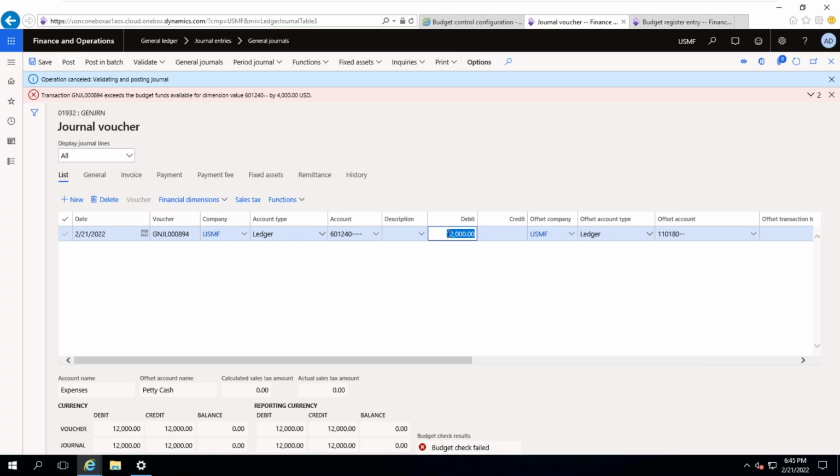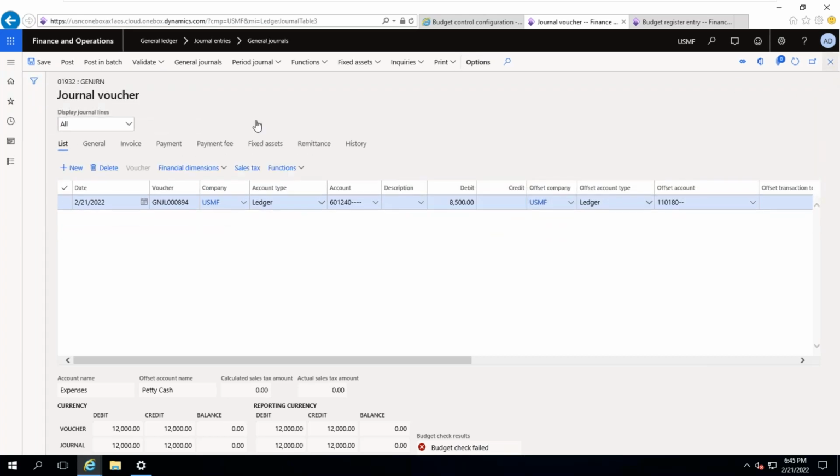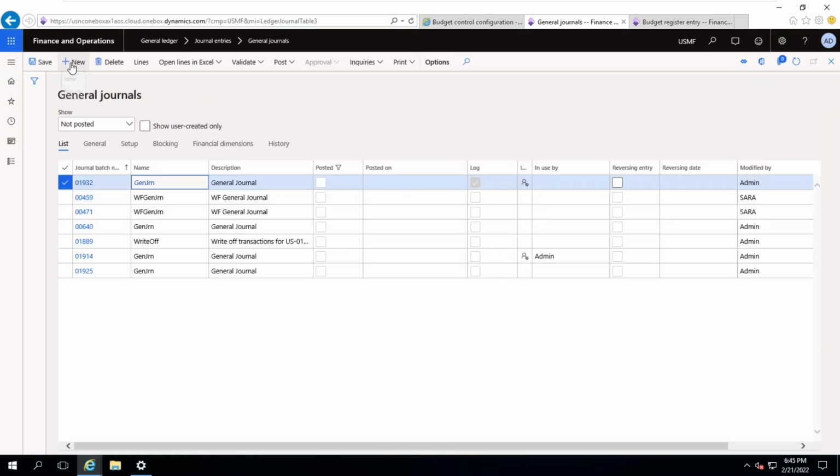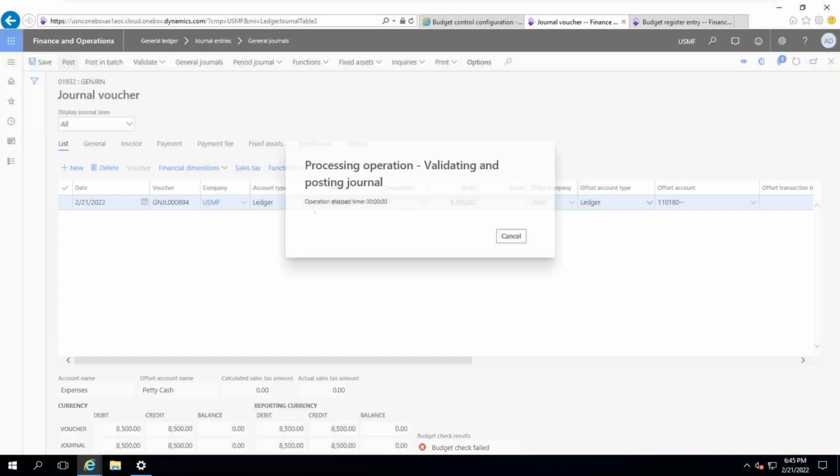Suppose I'm entering 8,500. Will it allow me or not? No, it will not allow. What is the error message? It exceeds by 500.